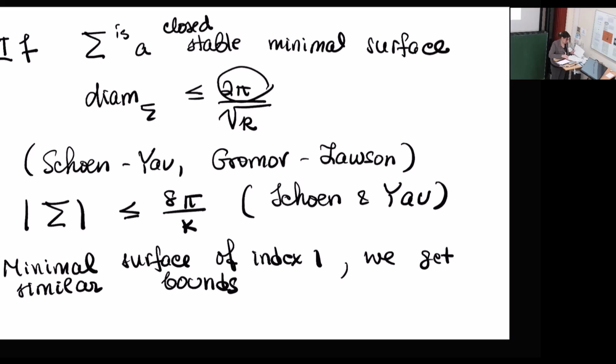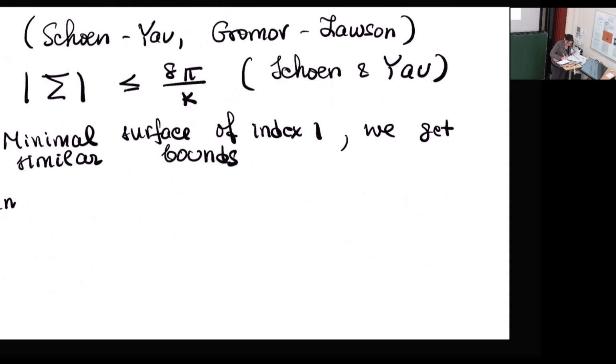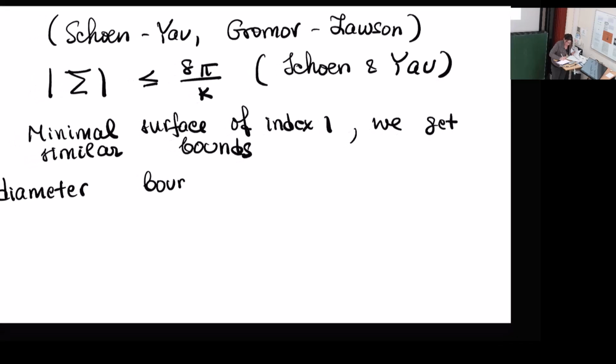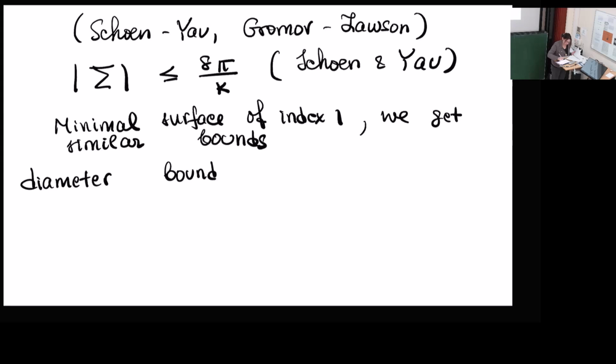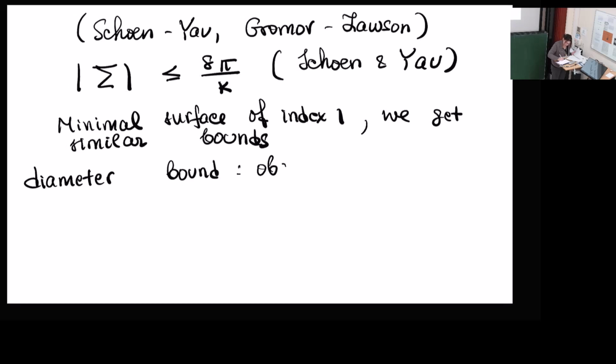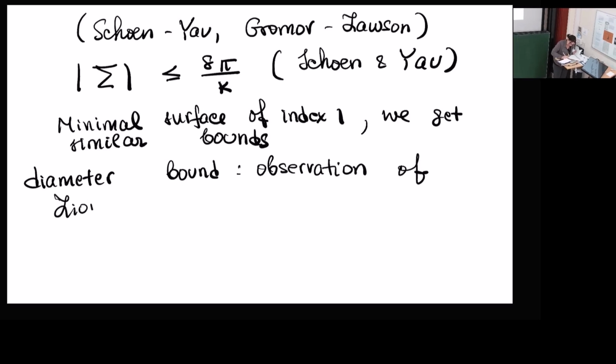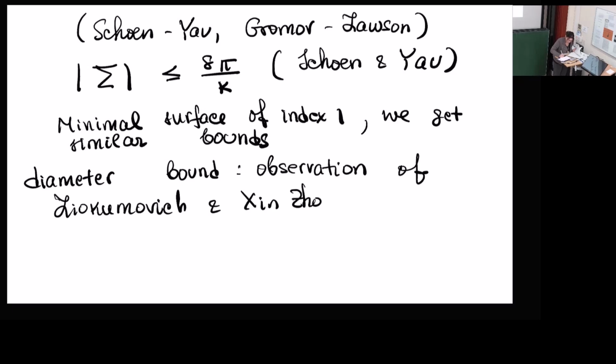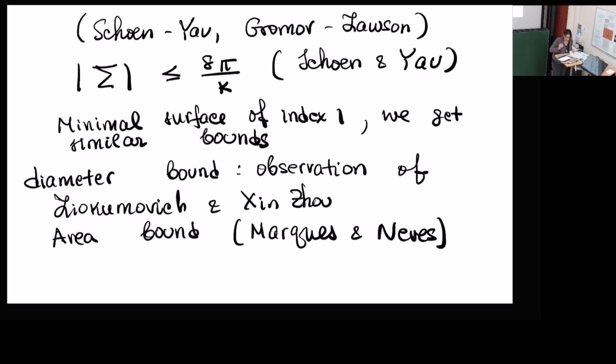The diameter bound is an observation by Lyusternik and Zhou. And the area bound is by Marques and Neves. Okay, so let's keep those things in mind.